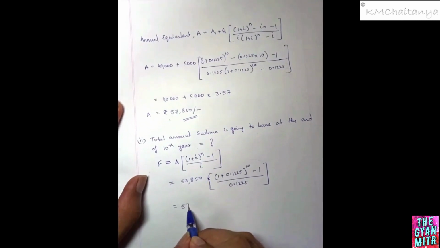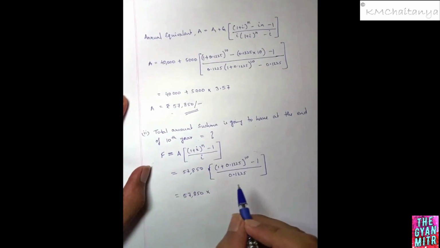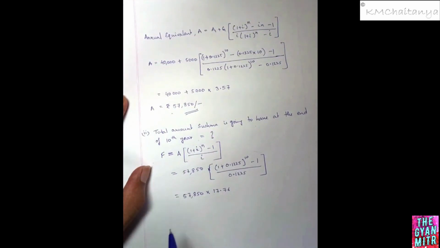So it is 57,850 multiplied by, so the value of this term is 17.76, which I'm going to get as rupees 10,27,416.